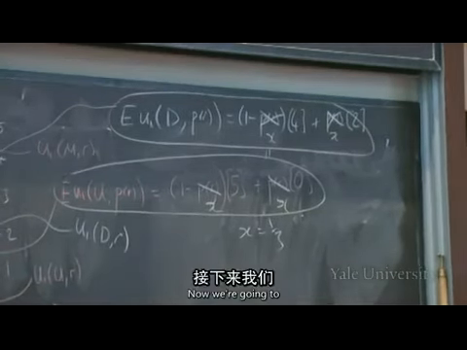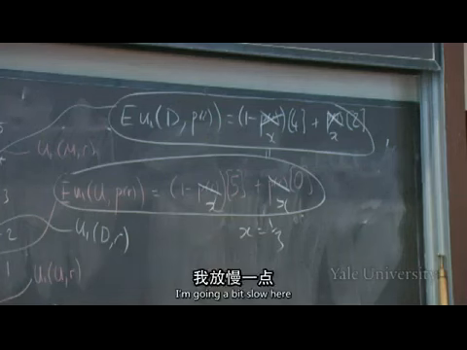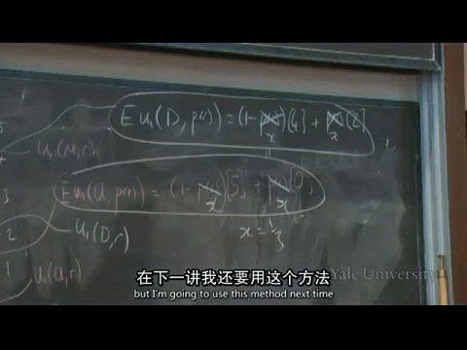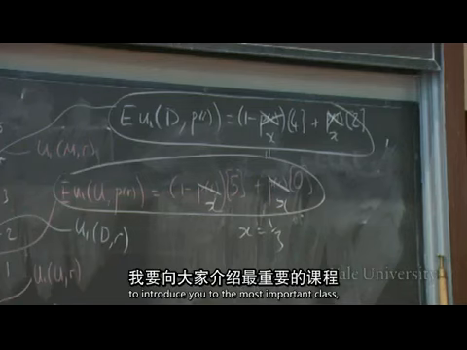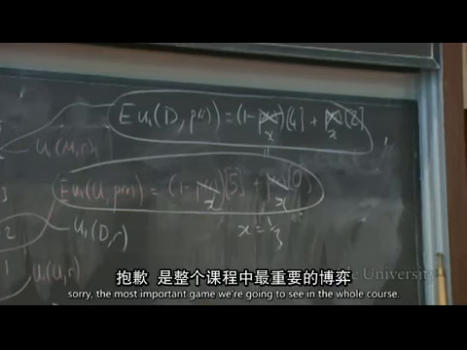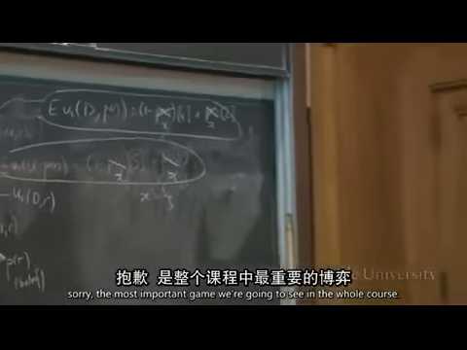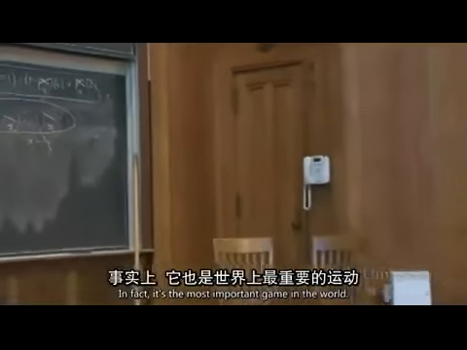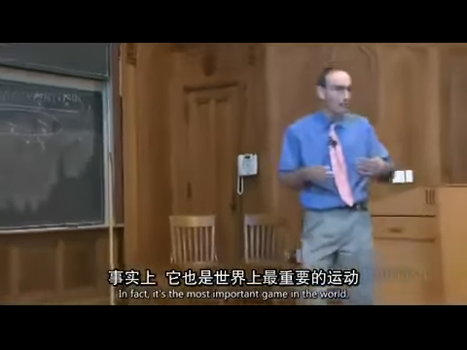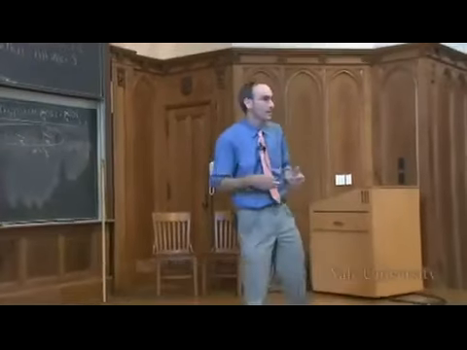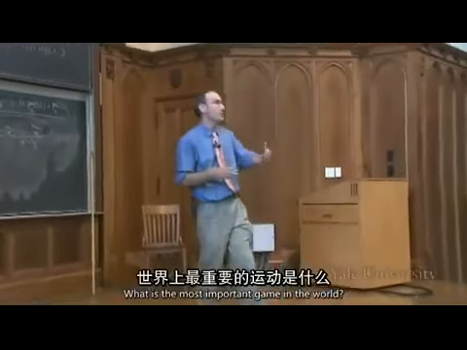All right. Now I'm going a bit slow here, but I'm going to use this method next time to introduce you to the most important game we're going to see in the whole course. In fact, it's the most important game in the world. What is the most important game in the world?